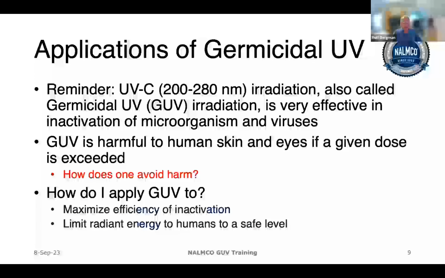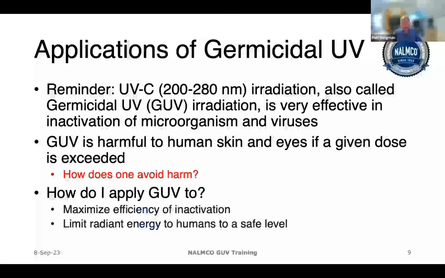So we want to design a system, obviously, that avoids harm. And this is done, but in the actual installation application, we also want to make sure that it is put in a place that it does as intended and not put in wrongly.